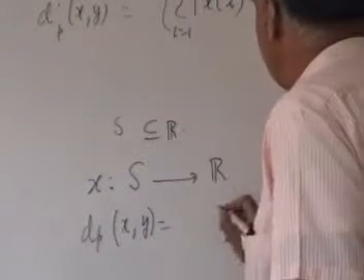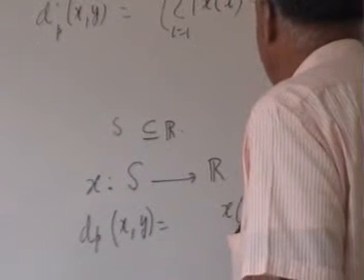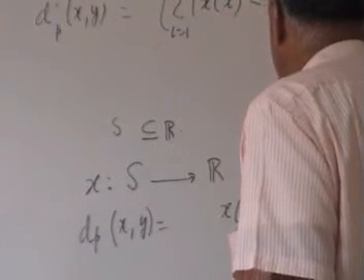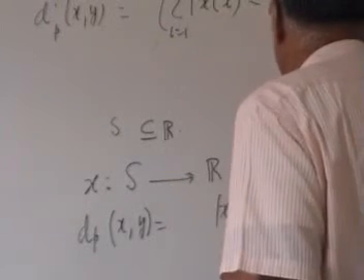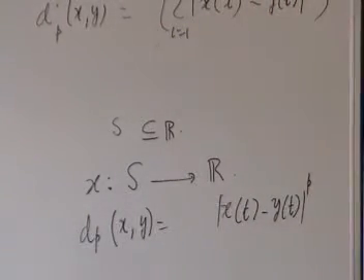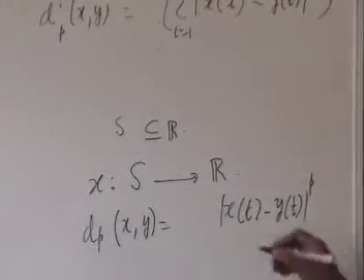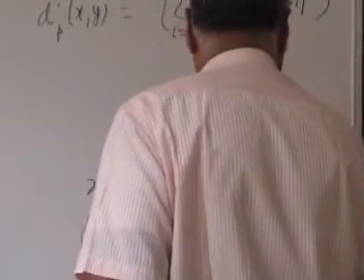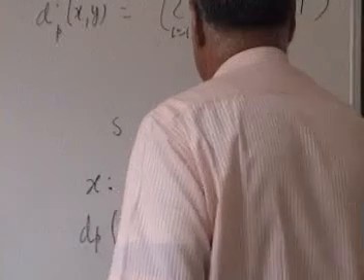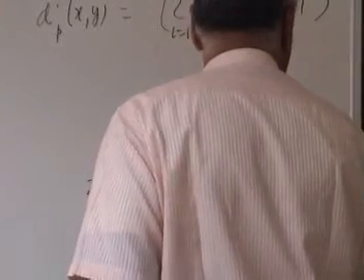I will have to look at the value of the function at each point, take the p-th power and add up all the values. So the adding up will now become the integration over S.